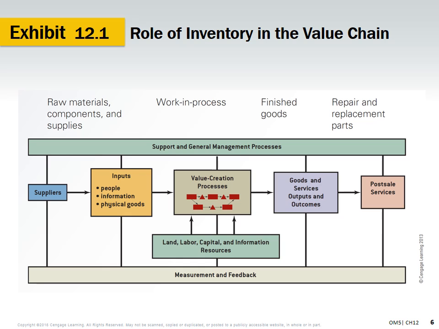This one we really haven't talked about: repair and replacement parts. Think about these as helping with the goods and services that we have, either those that come back to us because they need repair or fix, or items that would help make our supply chain work.